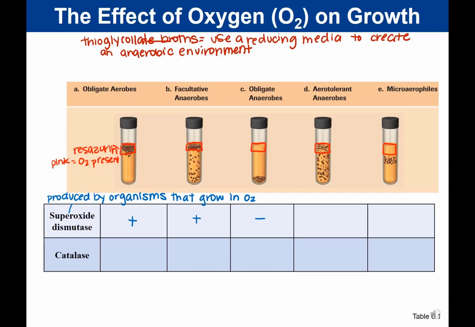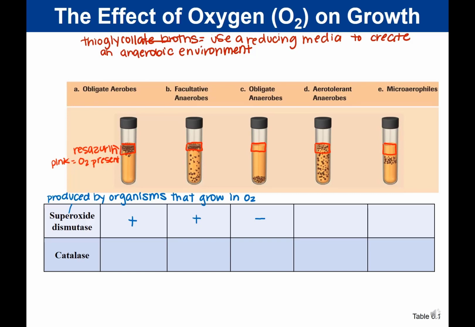What makes them an obligate anaerobe is the fact that they don't produce this enzyme. They don't have this gene. They don't produce this enzyme. And as a result, because they can't neutralize superoxide ions, those superoxide ions would be toxic to them and would kill them. And that is why they are an obligate anaerobe, because they do not produce that superoxide dismutase. So that would be negative.